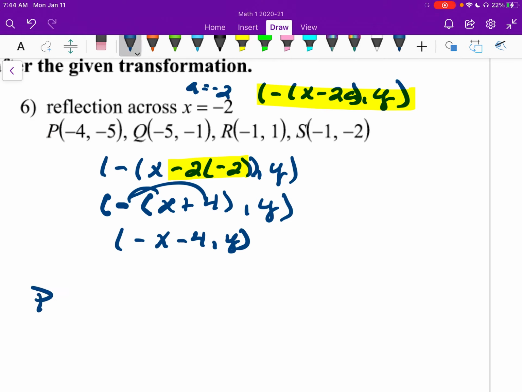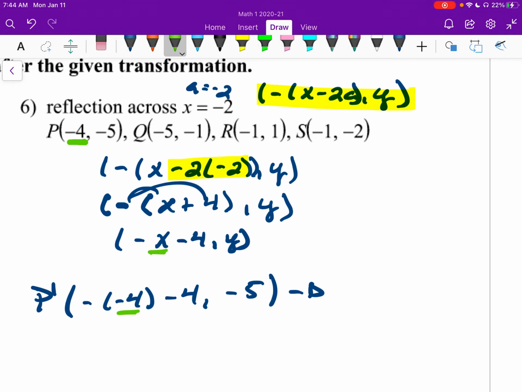So P prime will be at (-(-4) - 4, -5), right? I took my negative 4 and plugged it in right there, and I took my y and plugged it in right there.